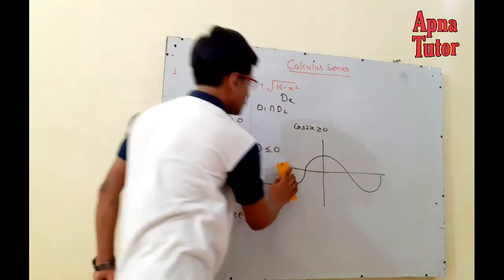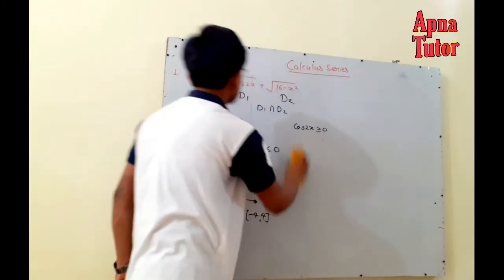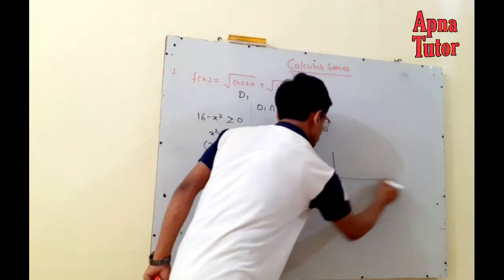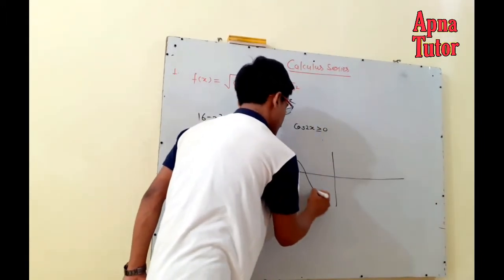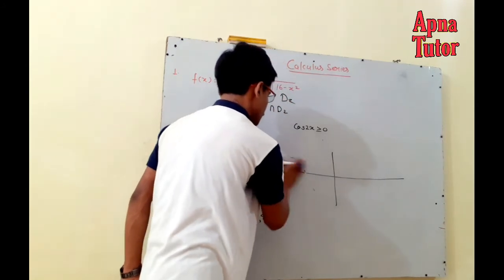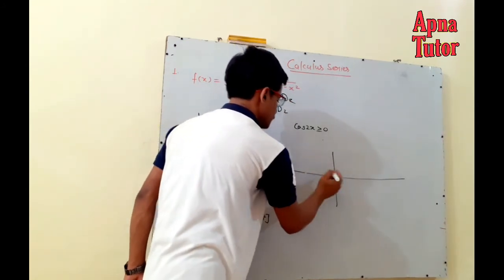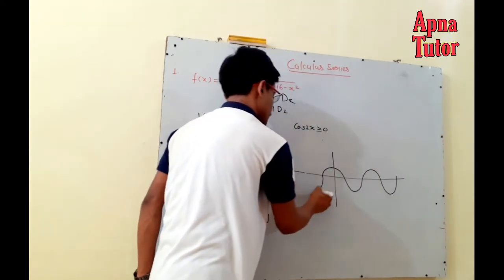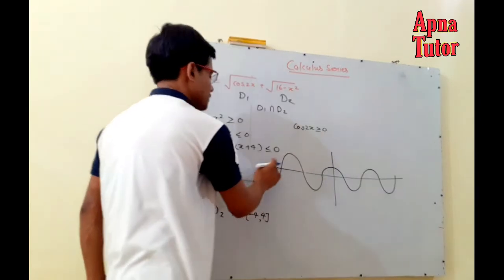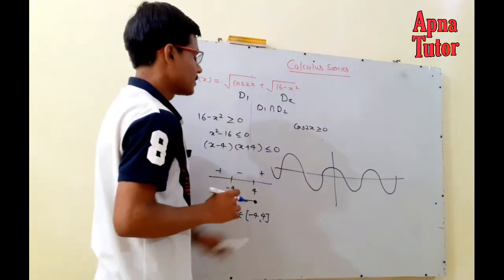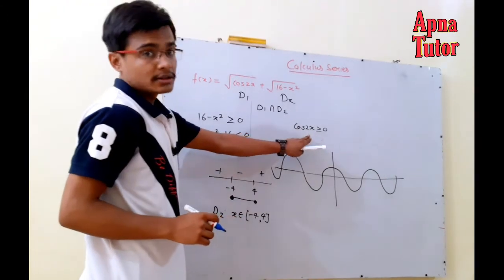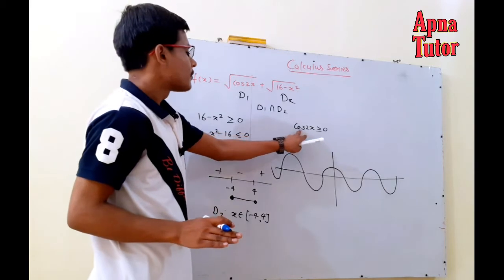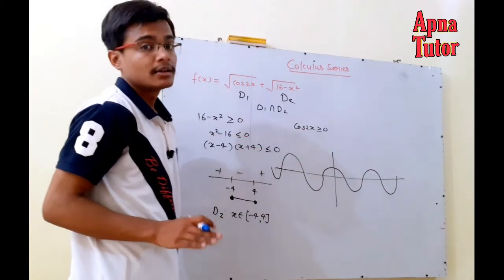You have to make a big graph of this. This is a cos function, and when you have cos x, what is the period? The period is 2 pi. For this function cos 2x, you have period pi.